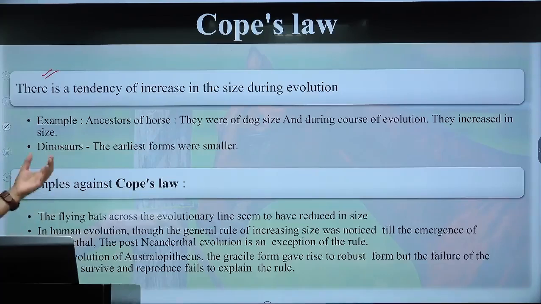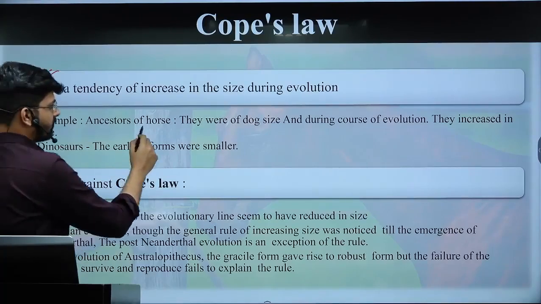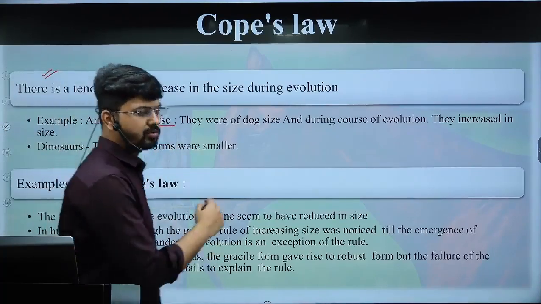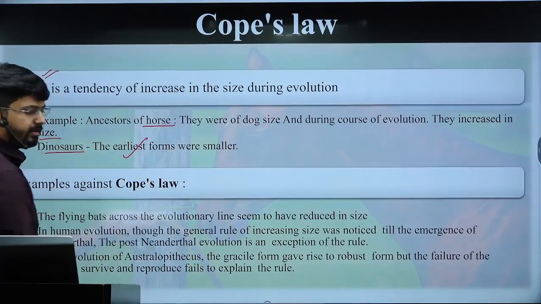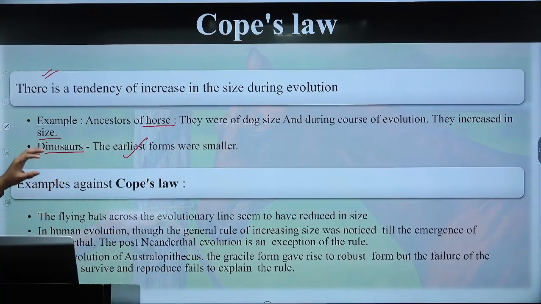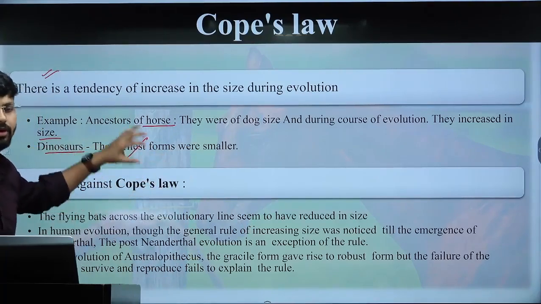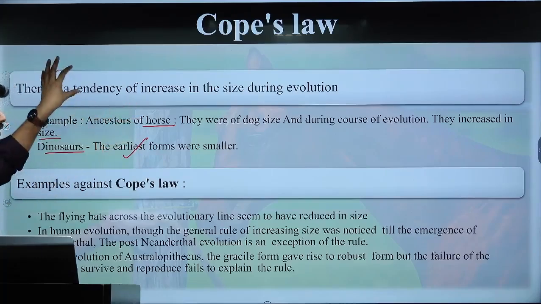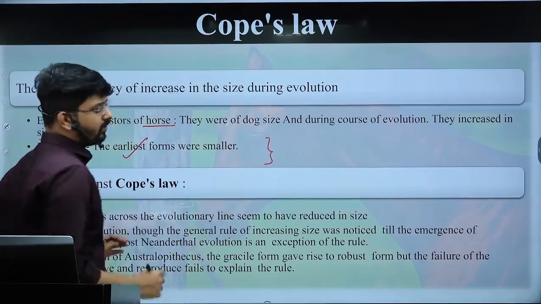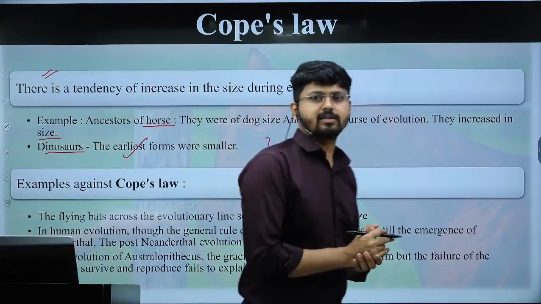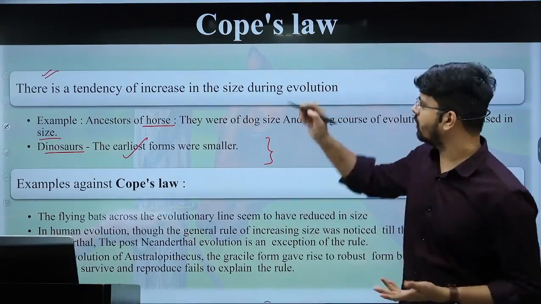For example, ancestors of horses were of dog size, and during the course of evolution they increased in size. Dinosaurs earlier were small, and later larger forms came up. From this he tried to say that there is always an increase in size with evolution. This is Cope's law.